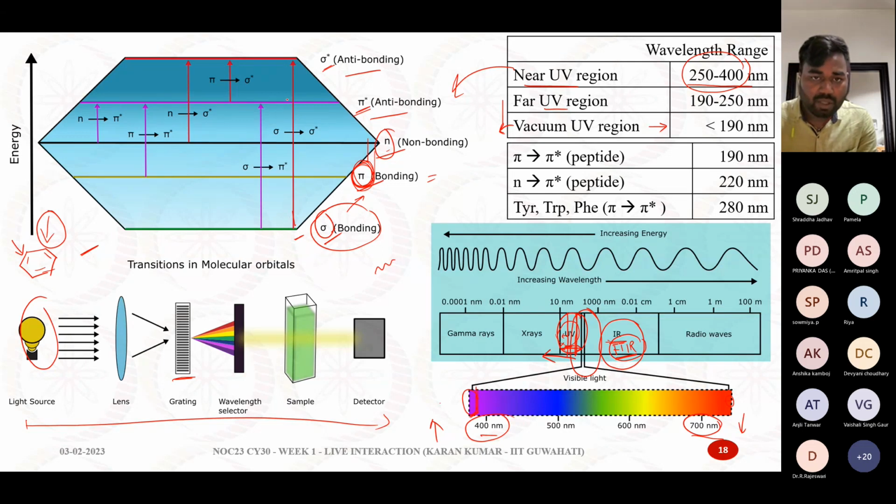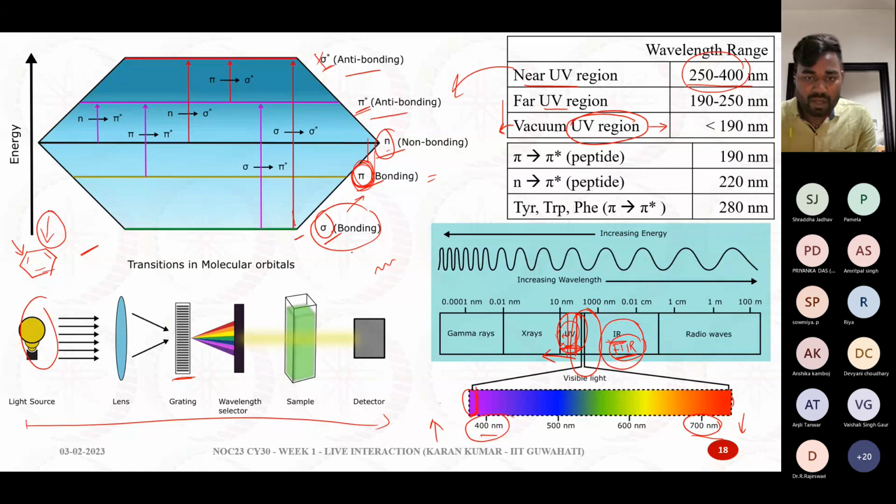For sigma to sigma star transition, this energy gap is very high, and that can only be filled by the higher energy light, which is the vacuum UV region. So normally this is forbidden. Sigma to sigma star transition is forbidden.